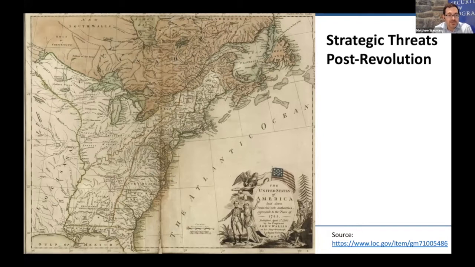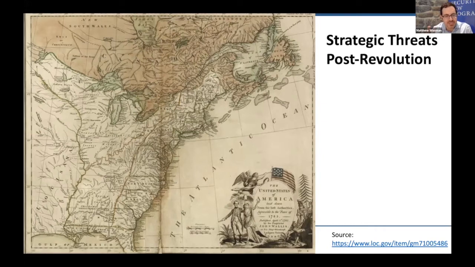Internally, the new confederation of states also needed to preserve domestic order and even prevent fighting among the states. So a lot of security concerns to worry about, a lot to deal with. So what kinds of defense forces were needed?